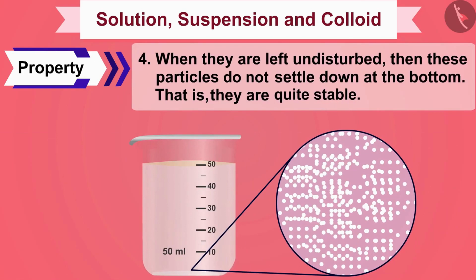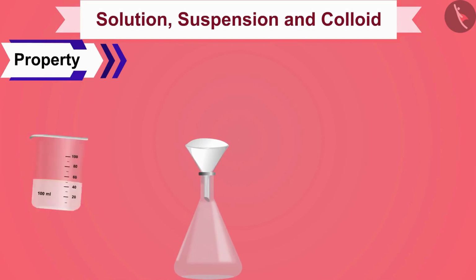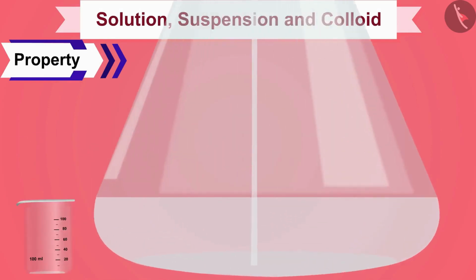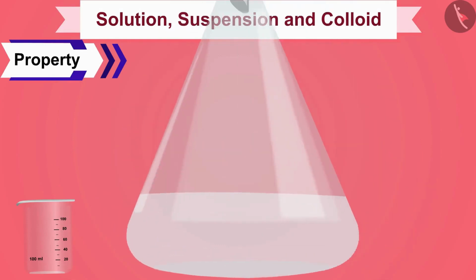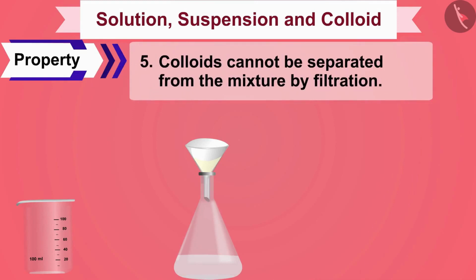When they are left undisturbed, these particles do not settle down at the bottom. That is, they are quite stable. If we filter this colloidal solution with filter paper, can we separate milk and water? No. Therefore, we can say that colloids cannot be separated from the mixture by filtration.